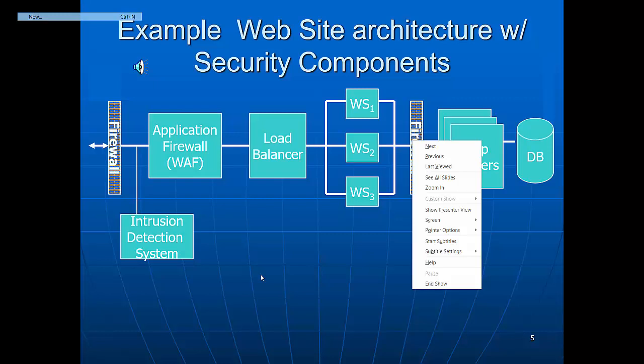Again, it'll be another lecture. Application firewalls tend to be very specific, hence the word application. So a web application firewall will be looking at certain kinds of requests to determine if they're legal or not.